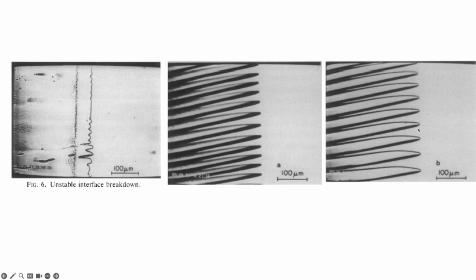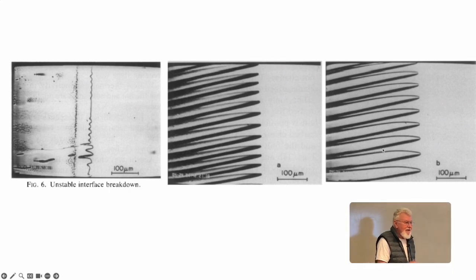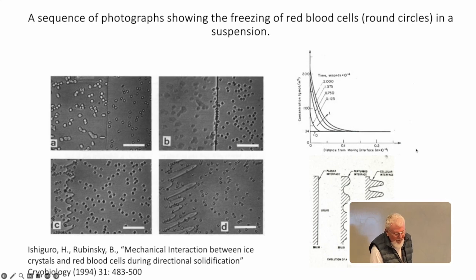These are finger-like structures, and here you have ice crystals that form, and this is how water in biological systems actually freezes. I will explain shortly why and how this happens. What happens is that ice has a tight crystallographic structure.